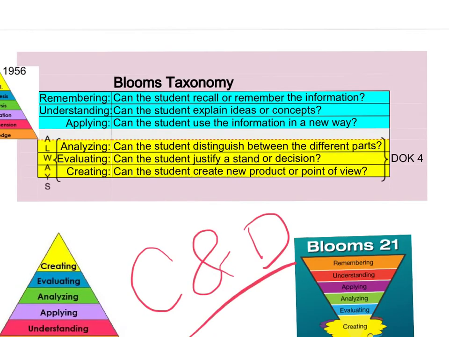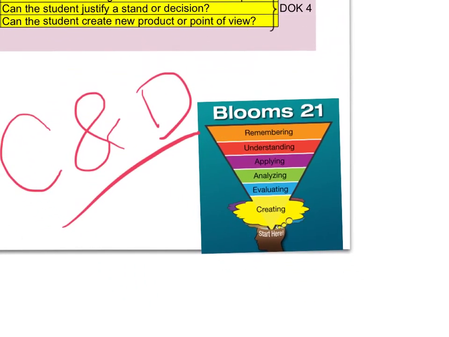Something that you're going to find in research at this time is Bloom's 21. Bloom's 21, or flipped Bloom's, is a practice that teachers are employing across the nation, and researchers are actually researching as a more effective way of employing Bloom's. It requires us to change the traditional methods by which teachers engage students. Traditionally, teachers would have students start out at remembering and then move through the triangle towards creating, towards the higher end of cognitive skill.